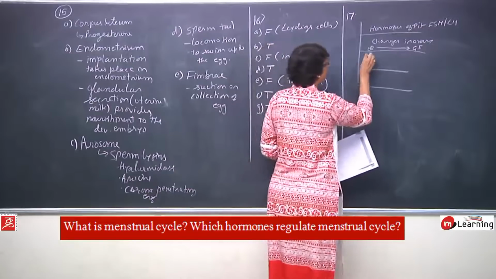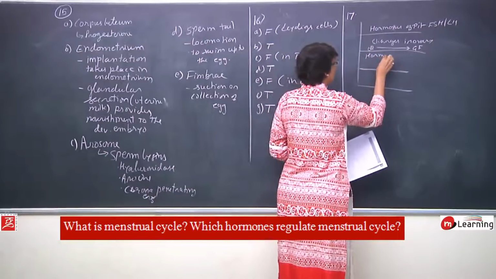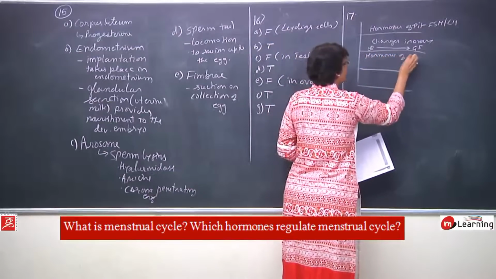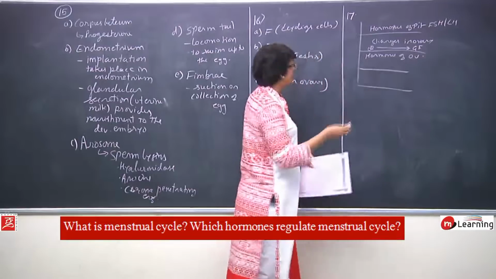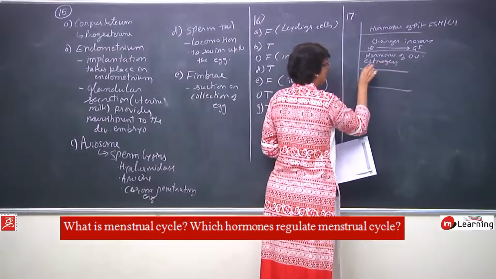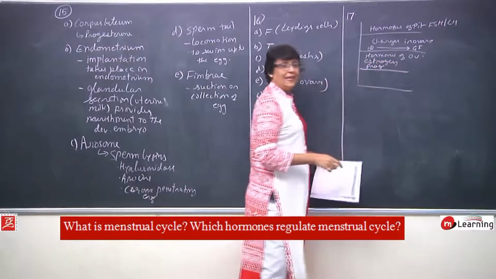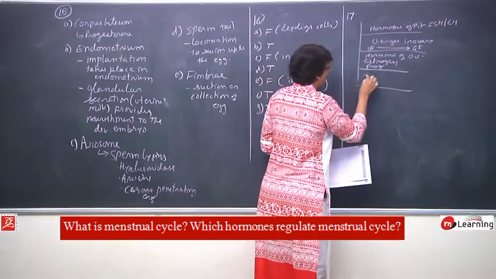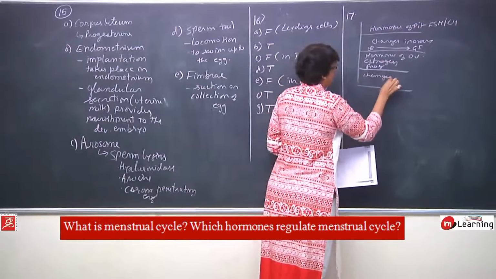Then here we will talk of hormones of ovary, 2 hormones, that is estrogen and progesterone, and in this changes in uterus.